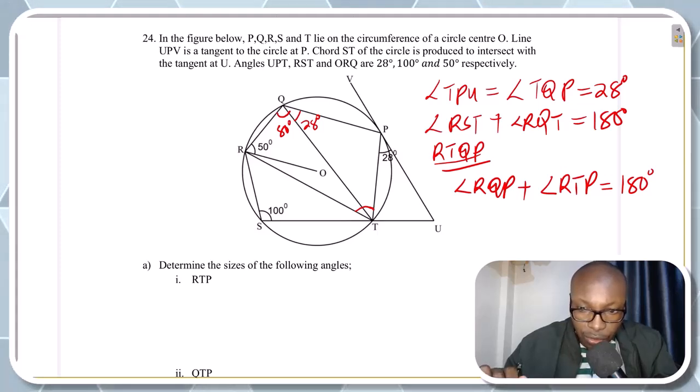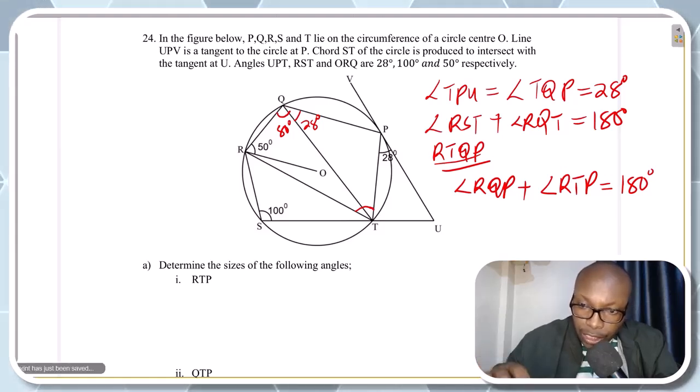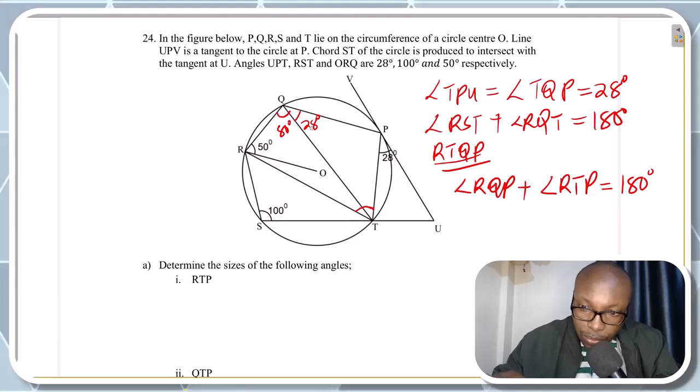The quadrilateral is RTQP. When you get the sum of the opposite angles in that cyclic quadrilateral, you should get 180. Therefore, the whole of this angle Q is 80 plus 28, which is 108.